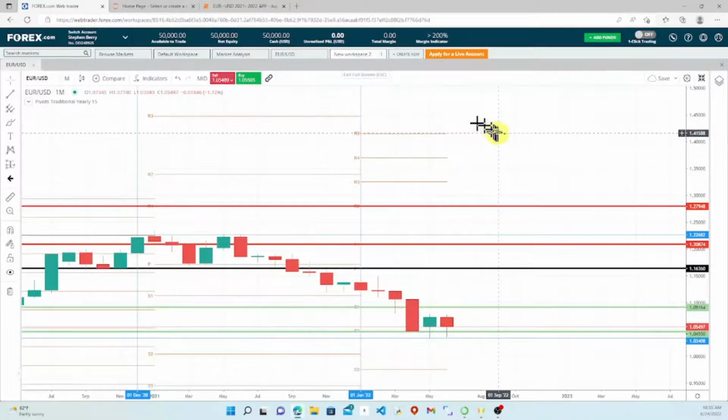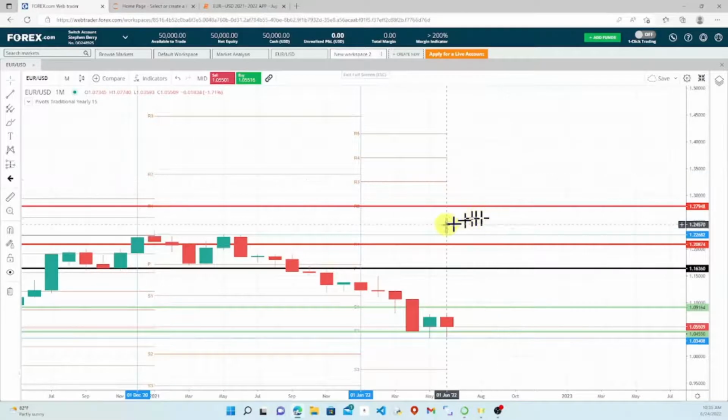That's a big thing. You can put pivots on a chart all day, but if that particular pair is not reacting to them, they're useless. The pivots work if the market participants are using them. So let's take a look.